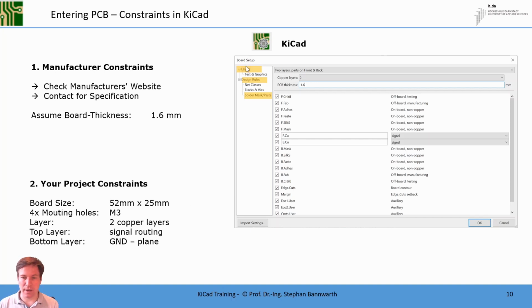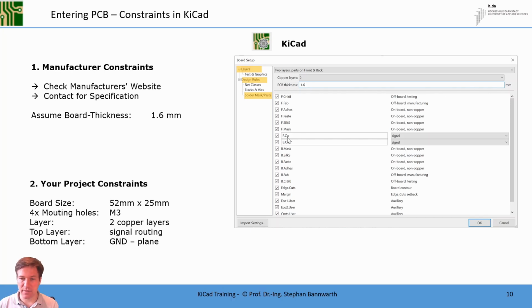So in the board setup, I highlighted the points we are going to check for our design rules. This is layers, design rules, and solder mask. Now we are in the layer menu. We decided to have a 2-layer board, parts on front and back, that's possible. We select copper layers 2 and we set board thickness 1.6 millimeters.